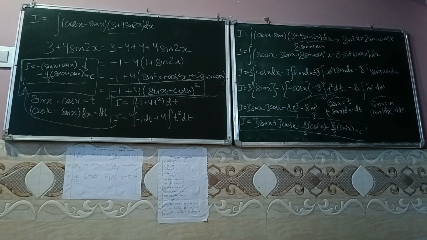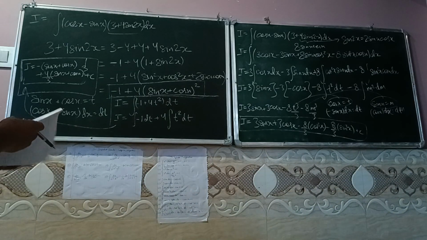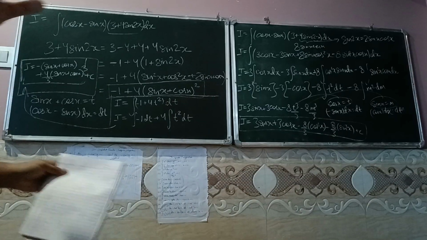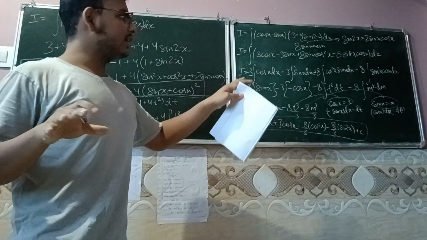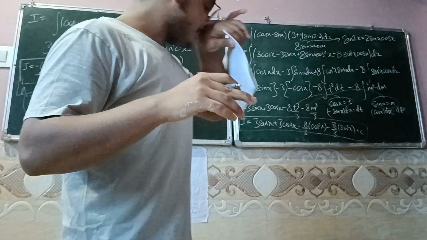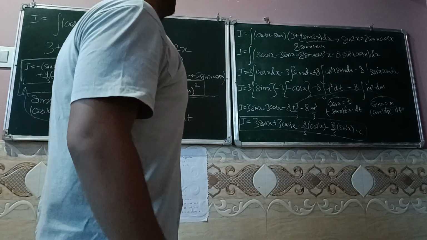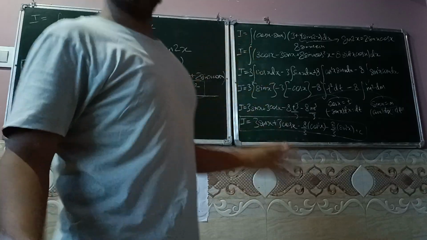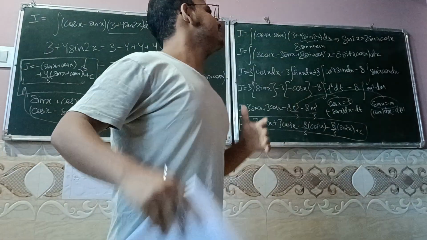So I'm just writing it down on a copy, and then we will check whether both are equal or not. I'm just writing these two answers on a notebook. I hope you can understand how I did it. I think that method is quite easy to understand, that we don't need to do anything extra, right?